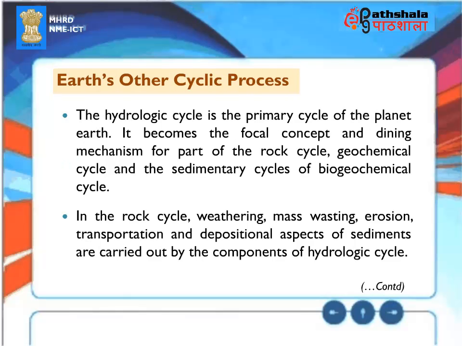Earth's other cyclic processes. The hydrologic cycle is the primary cycle of planet Earth. It becomes the focal concept and driving mechanism for part of the rock cycle, geochemical cycle, and the sedimentary cycles of the biogeochemical cycle. In the rock cycle, weathering, mass wasting, erosion, transportation, and depositional aspects of sediments are carried out by the components of the hydrologic cycle.